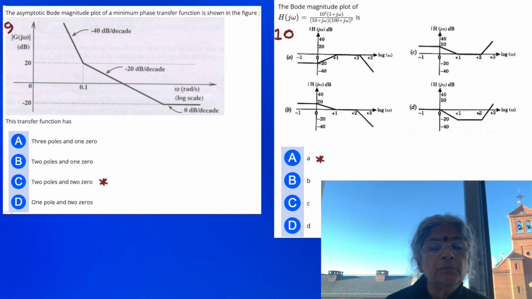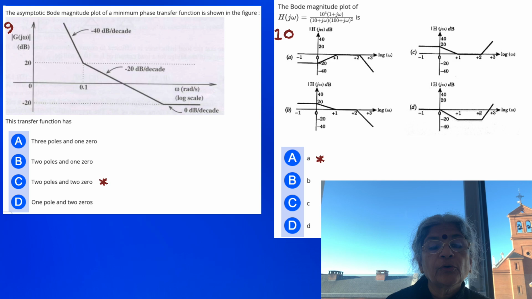the ninth problem. Asymptotic Bode magnitude plot of a minimum phase transfer function. Minimum phase means, as mentioned before, both the numerator and the denominator will have poles on the left hand side of the s plane only. It is shown in the figure. Initially we start off with minus 40 dB per decade, which means that there are 2 poles.